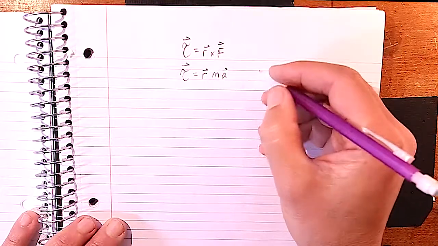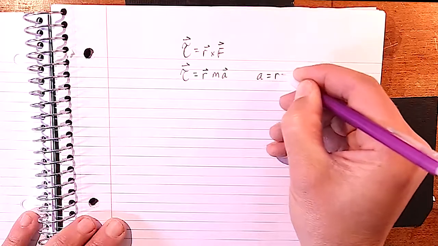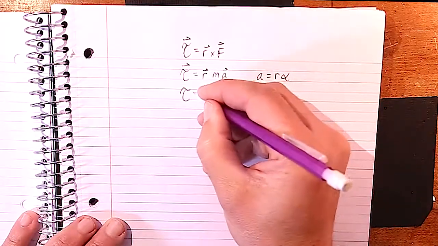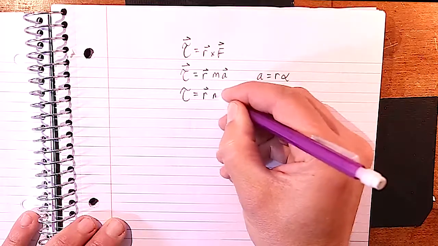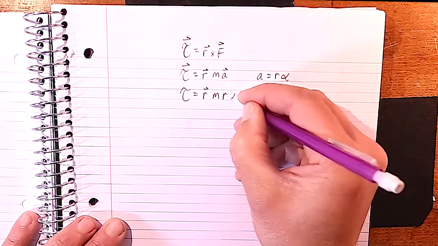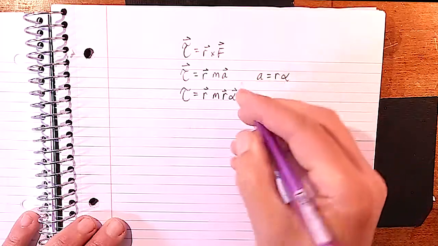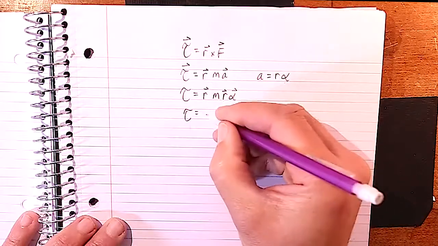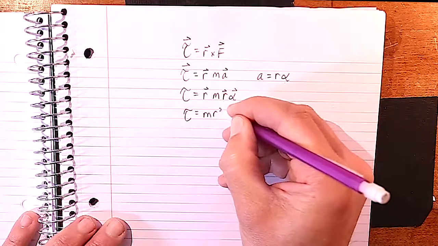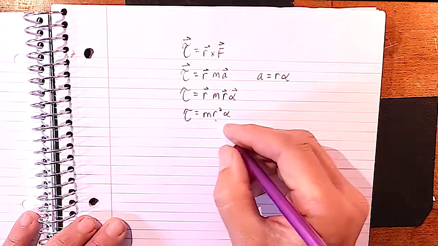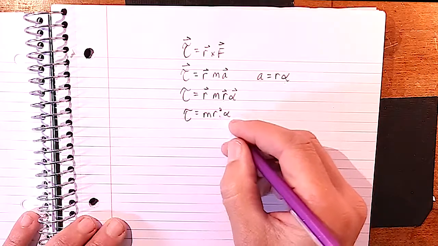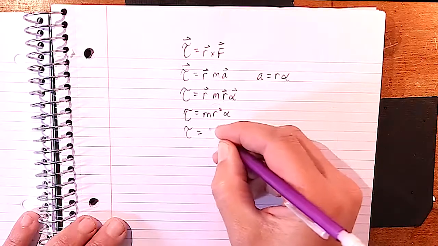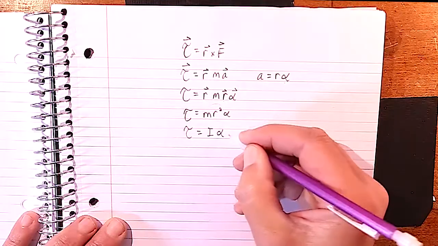Well, we know from a equals r alpha that we can fill that in and say m times r alpha. So now we have two r's, and we can rearrange that and say m r squared times alpha. And we know that the moment of inertia is m r squared for a point particle. So we can rewrite this as I alpha.